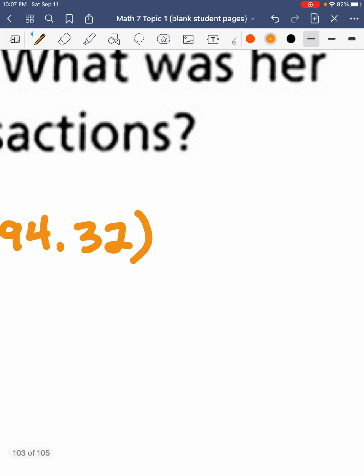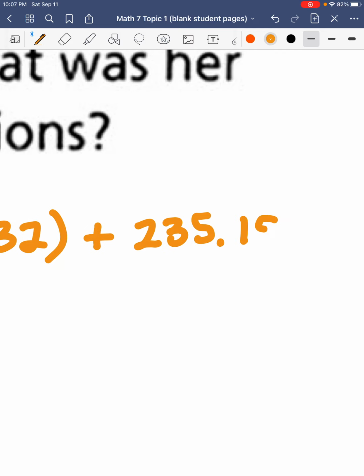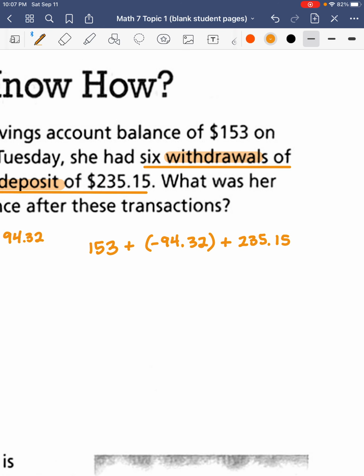And then she deposited, so she added back in $235.15. So let's just work our way from left to right because that's how we read. So let's focus on these 2 right here. Well, one's positive and one's negative.